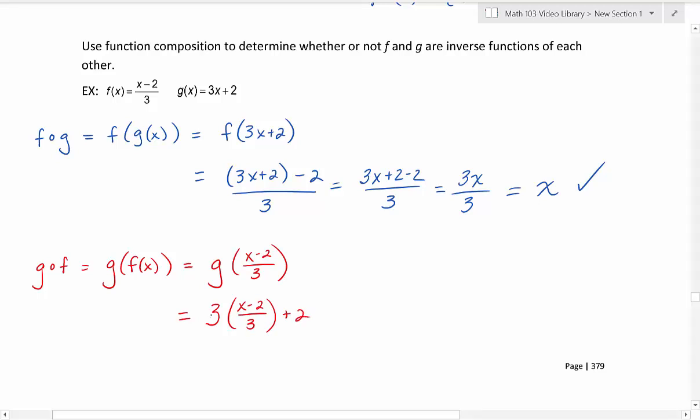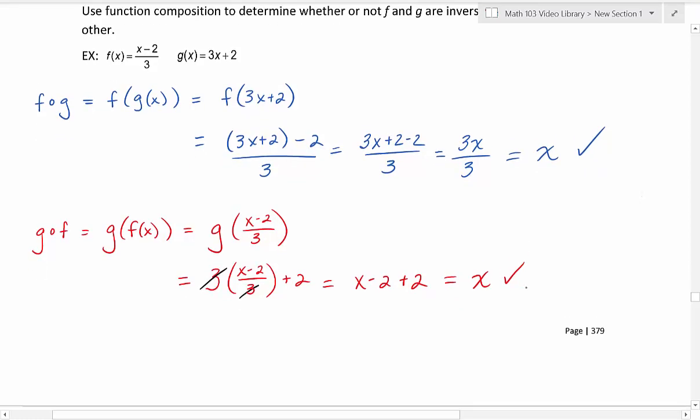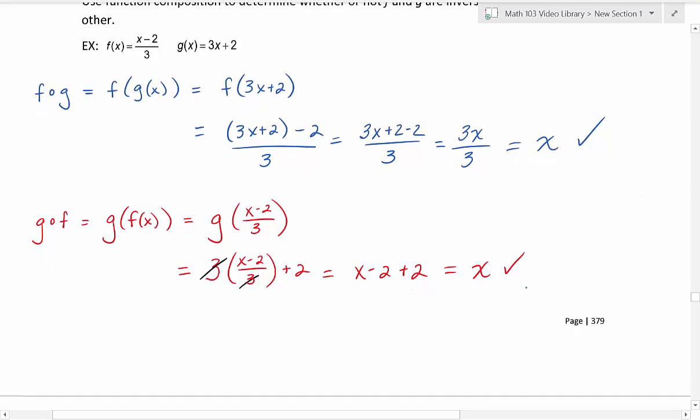When we multiply these fractions together, the 3's cancel out. That leaves us with x minus 2 plus 2. And combining our like terms, we're left with just x. So since f composed with g and g composed with f were both equal to x, we know that f of x and g of x are inverses of each other.